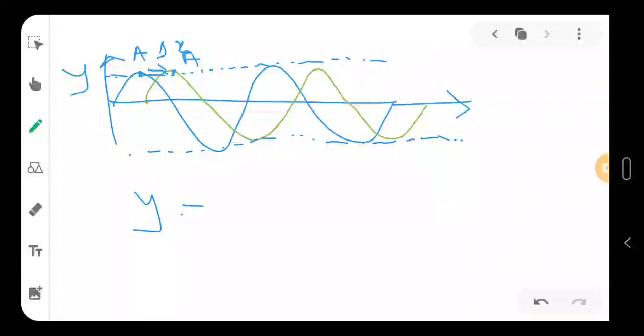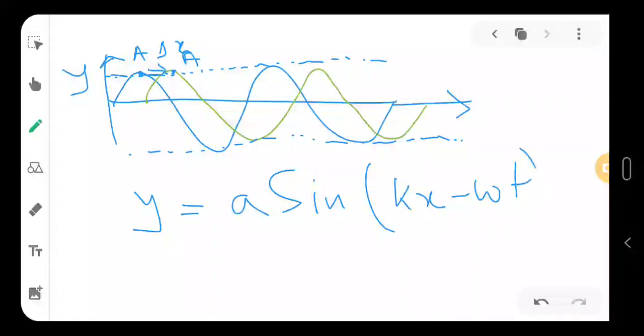Now we know that y is equal to a sin(kx − ωt). That means x is also changing and the time is also changing. But y has to be fixed because a point has shifted delta x distance in some time, so the value of y is the same in that case if you look at the wavefront.